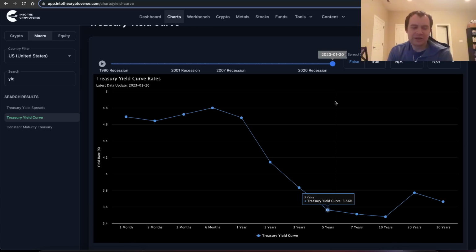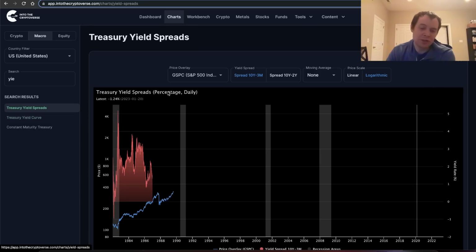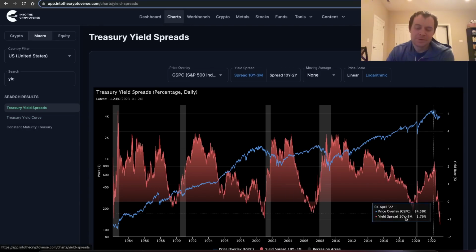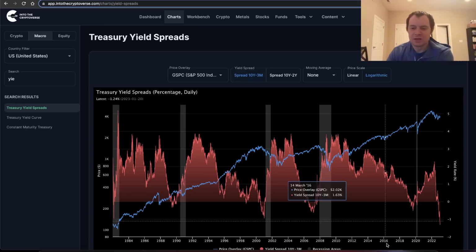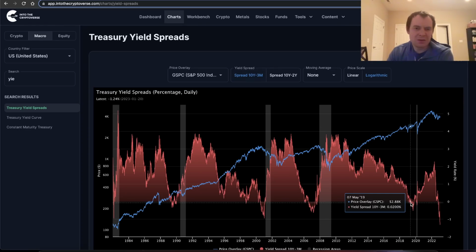One of the things that we've talked about before is that the inversion of the yield curve does not mean you're in a recession. It does not mean that, and historically has not meant that. You take a look at Treasury yield spreads. If you look at the spread on the 10-year and the 3-month, when it inverts, are you in a recession?